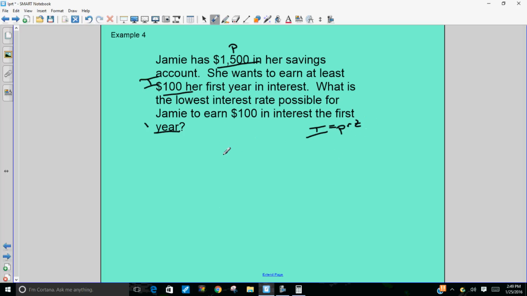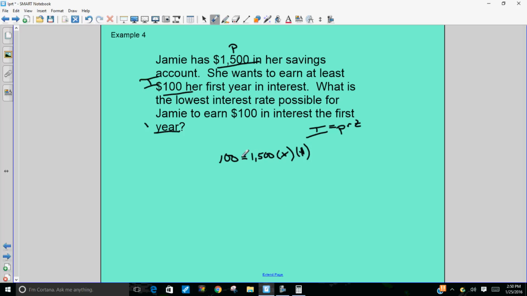So we know the interest is $100. We know the principal is $1,500. The rate is what we're looking for, and anytime I'm looking for something, I personally call it X. You can give it any letter you want. And it's 1 year, so our T is 1.